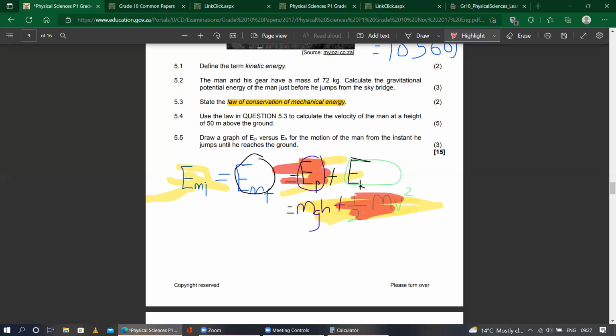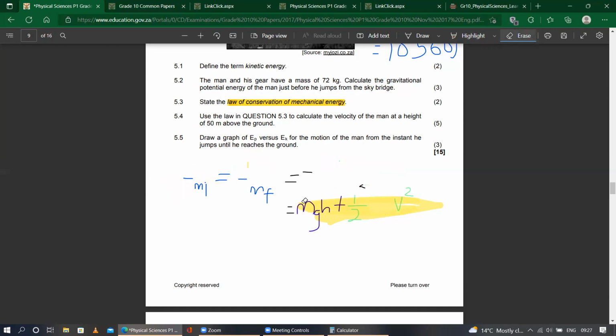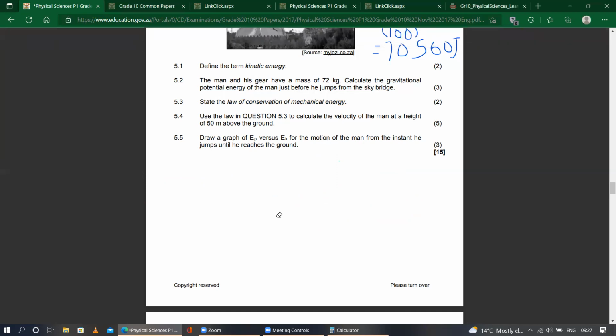But anyway, let's get into 5.4. Let me erase these real quick. The law of conservation of mechanical energy is that the mechanical energy in an isolated, let's say closed, system is conserved.